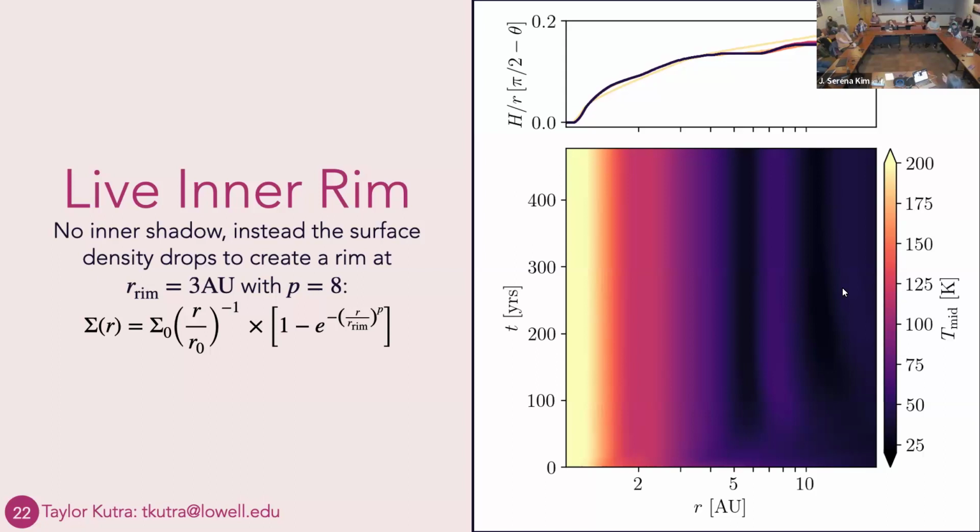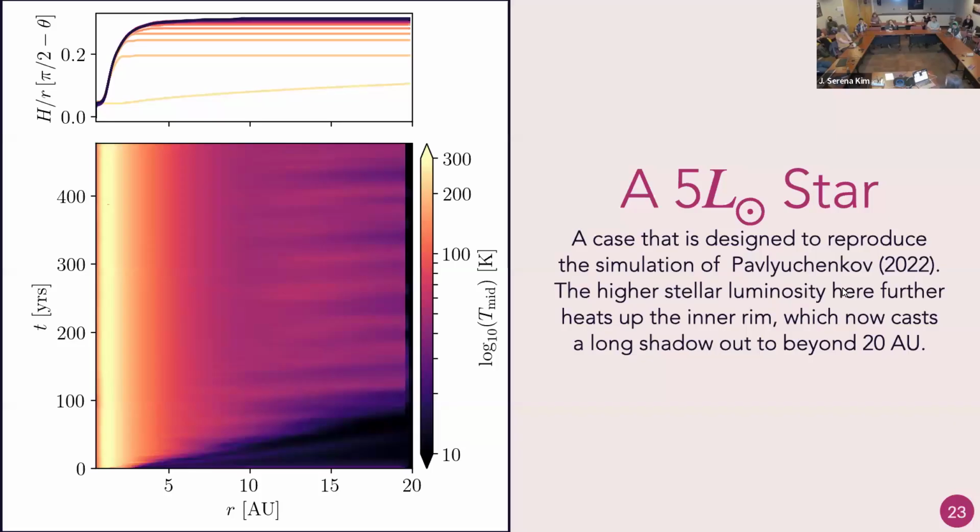Then because we wanted to compare more directly with the Pavlyuchenkov paper, they used a 5 solar luminosity star, which is really bright. And so we did the same thing. And it creates this rim that is so highly irradiated.